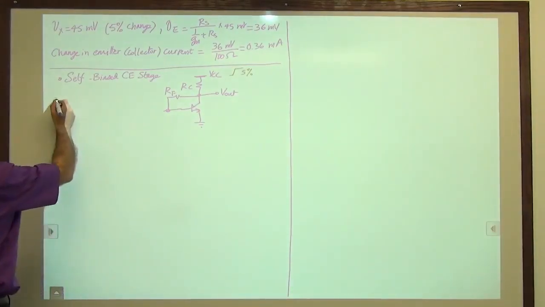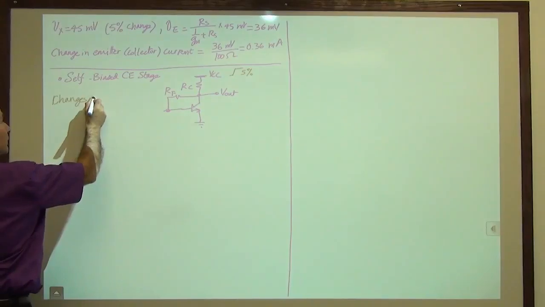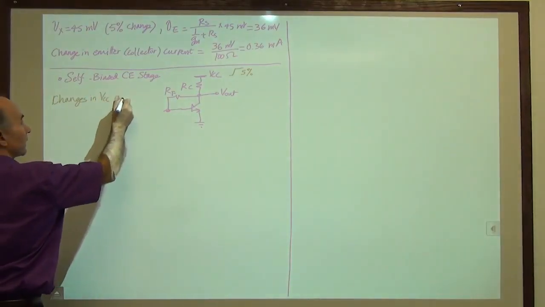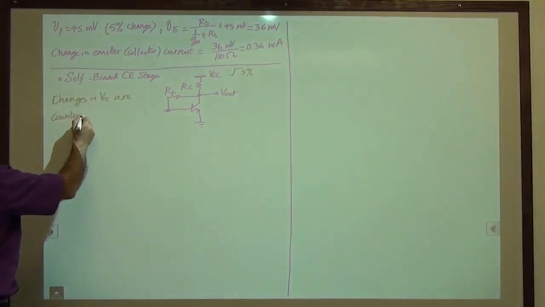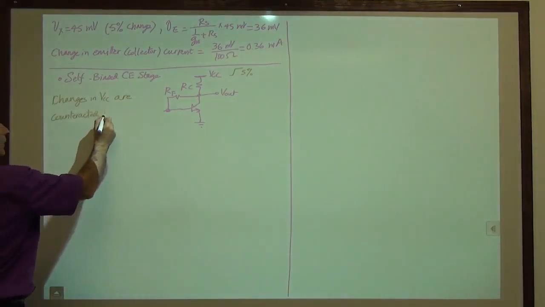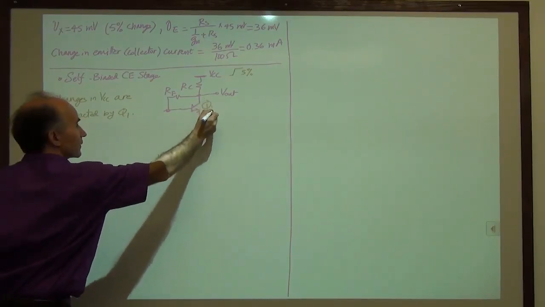So we say changes in VCC are counteracted by Q1, Q1 being this transistor.